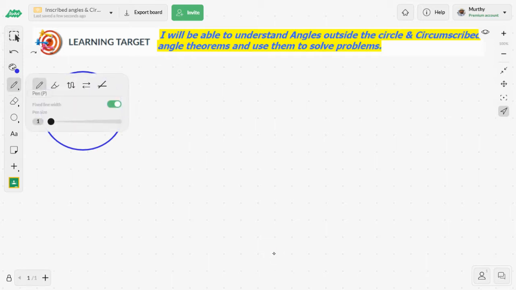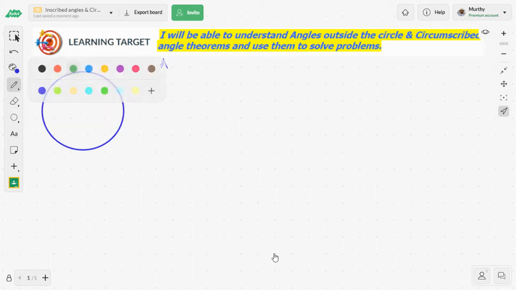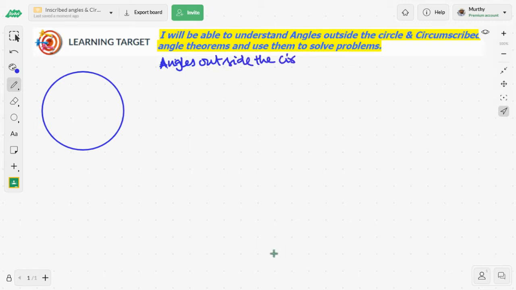Angles outside the circle. So let me write that it is the angles outside the circle theorem.